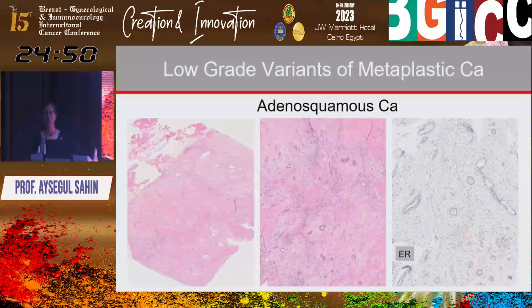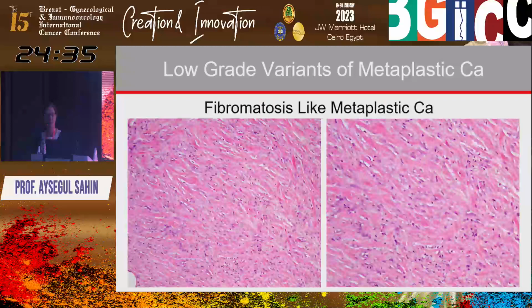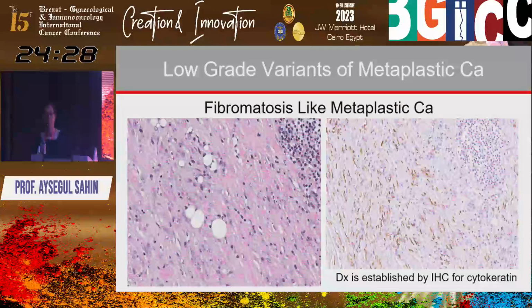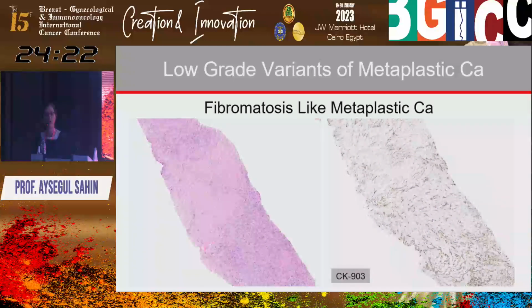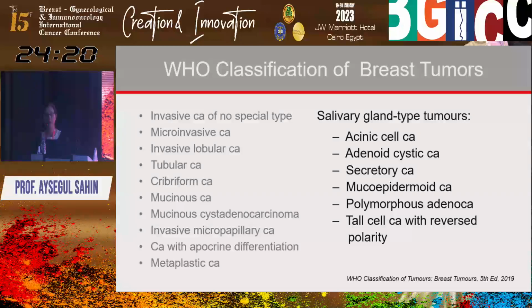If you see well-formed glands and you do your markers and it is ER/PR negative, think about adenosquamous carcinoma. These are triple negative, but these are low-grade tumors. Fibromatosis-like metaplastic carcinoma, again, it's a low-grade aspect, but it is triple-negative breast carcinoma, and having the immunohistochemistry for cytokeratin is important for these.